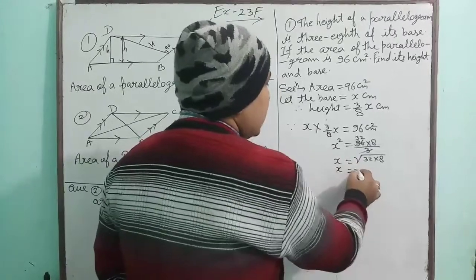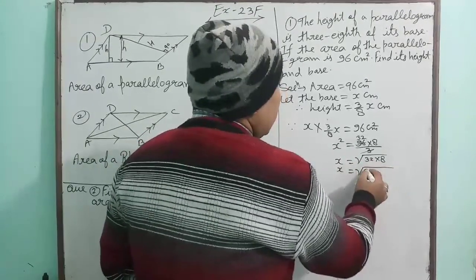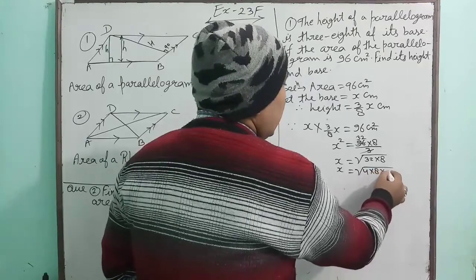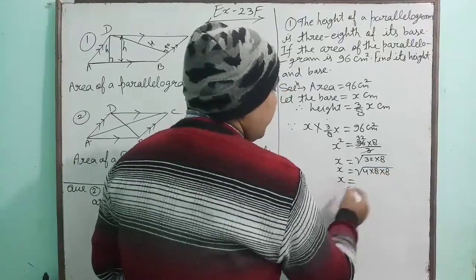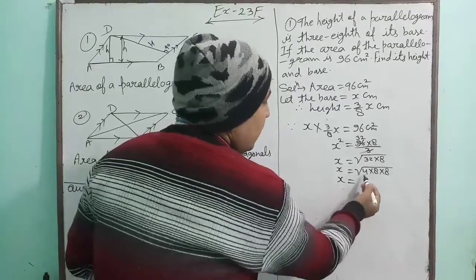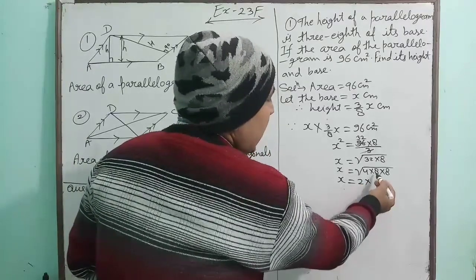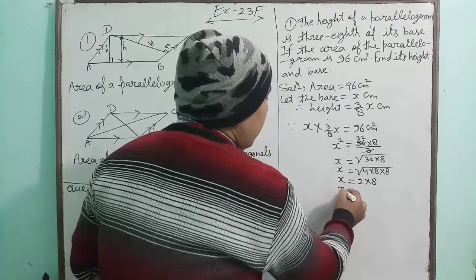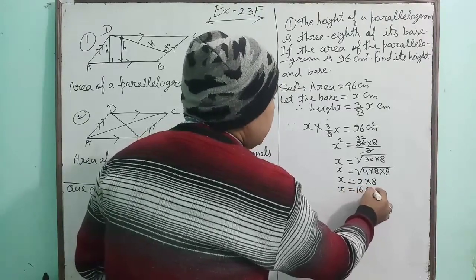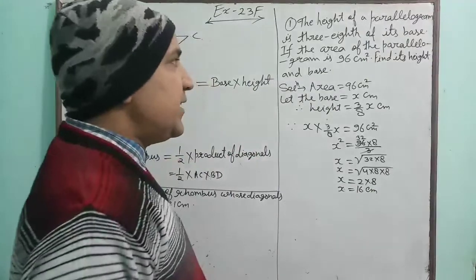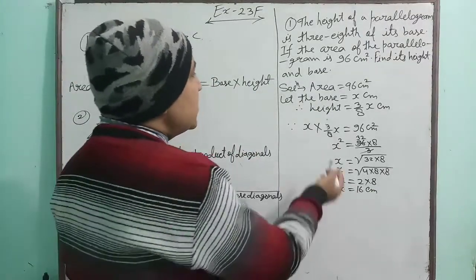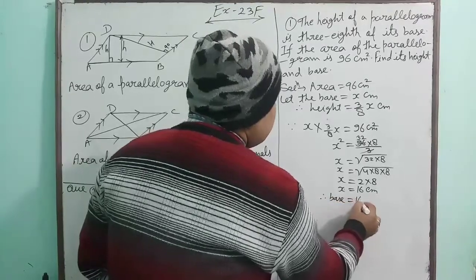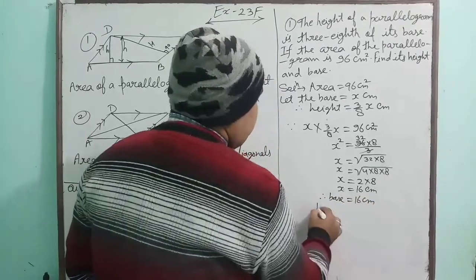Now how will you find the square root of this number? 32 can be written as 4 into 8, and 8 is already here. That means square root of 4 is 2, and 8 is in a pair here, so one 8 will come out. That means x is equal to 16 centimeter, and x we have taken as base. That means base is equal to 16 centimeter.